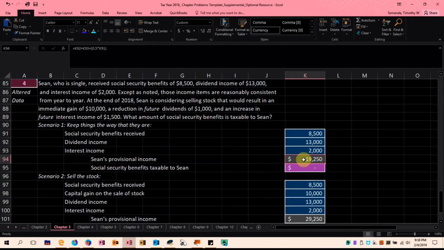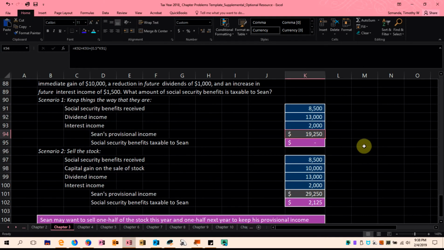By the way, it's on page 3-12, where you'll see that for a single individual the lower limit of provisional income is $25,000, and his provisional income falls below that. So none of his Social Security benefits are taxable.